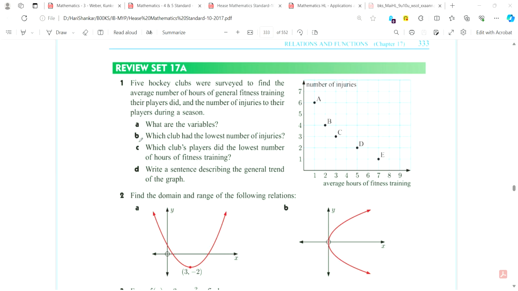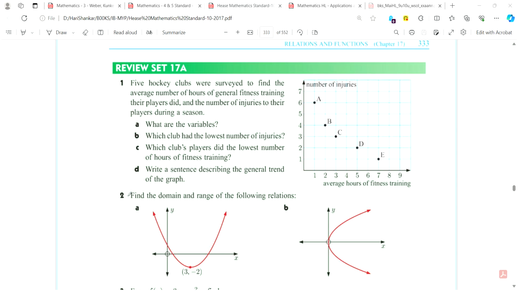Coming to the domain and range of these parabolas, I can see these are parabolas. These graphs are of quadratic functions. When you solve a quadratic, generally you find graphs like this. Specifically, it is a concave up parabola. Talking about the domain, which is all possible x values: do we have any restrictions while taking any x value?